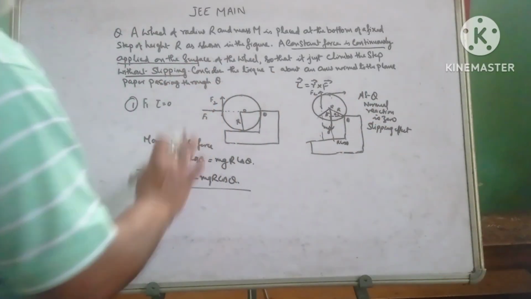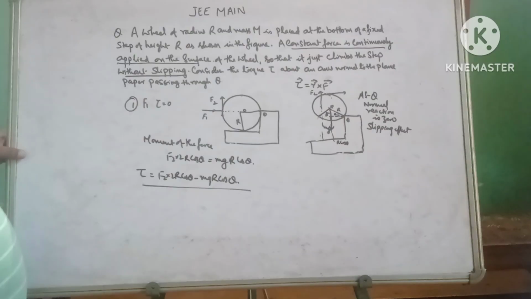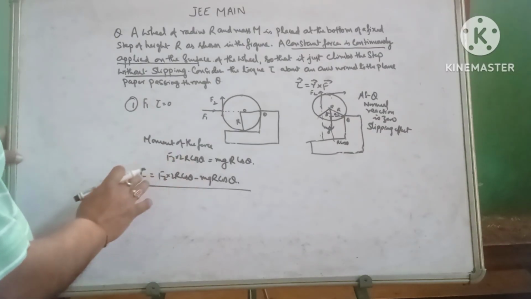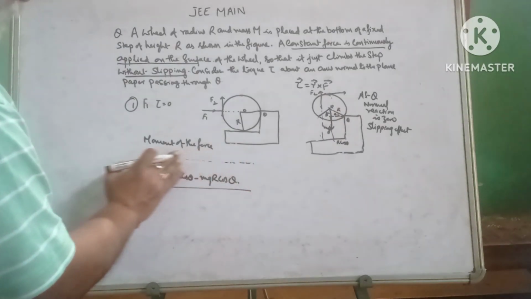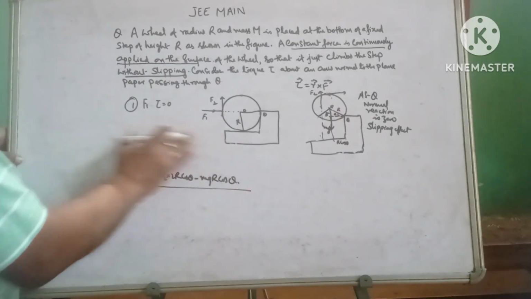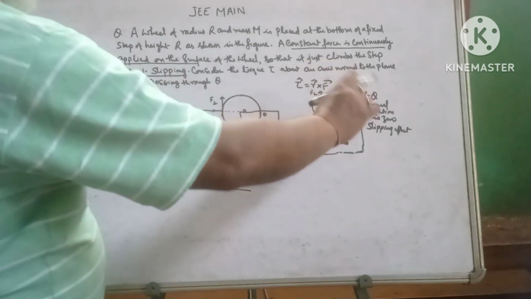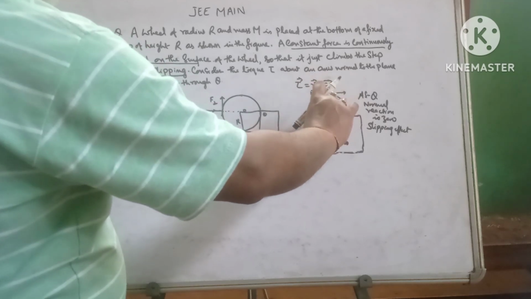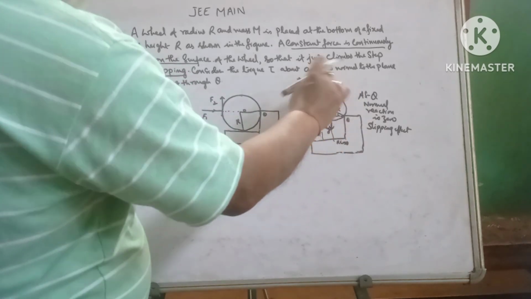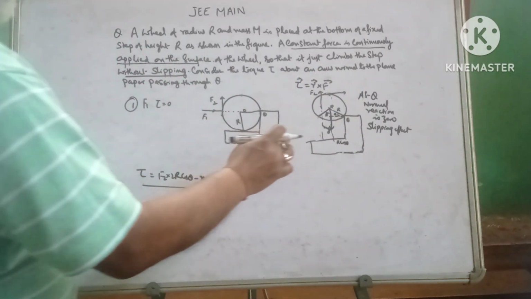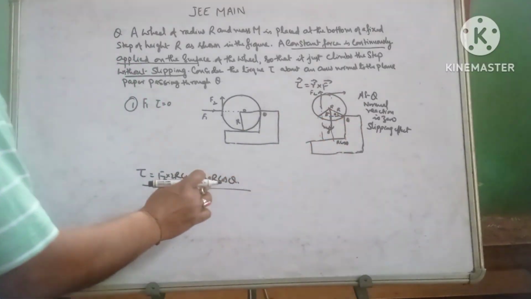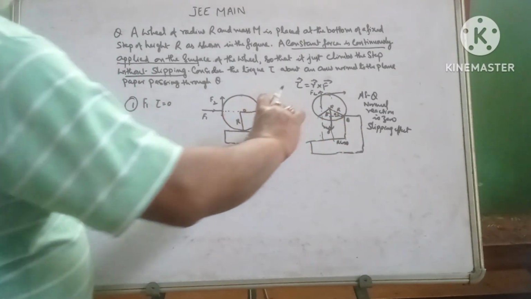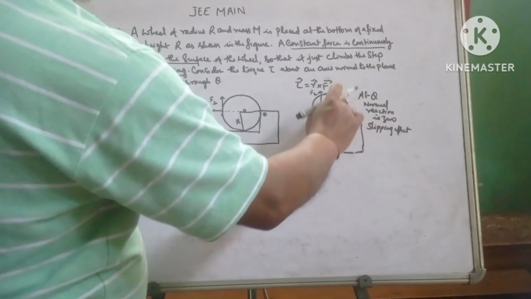But since it is given there is no slipping, your torque, the rotational effect, will be F2 into 2r cos theta minus mg r cos theta, and this will move the ball out of this step.